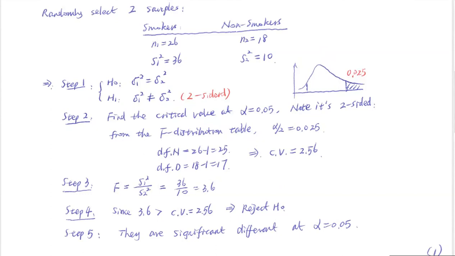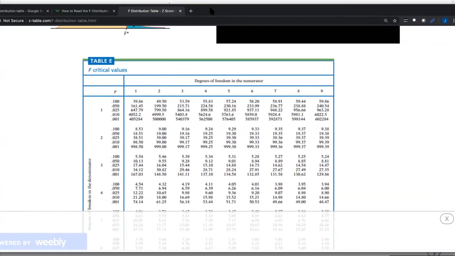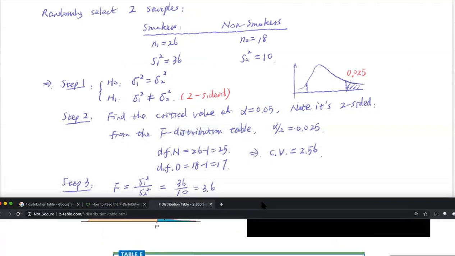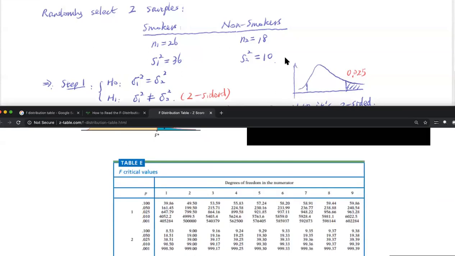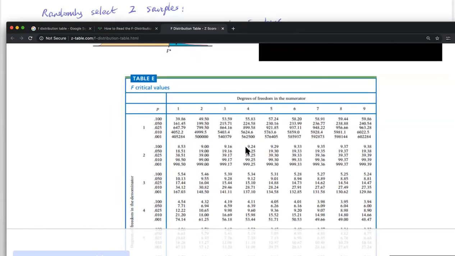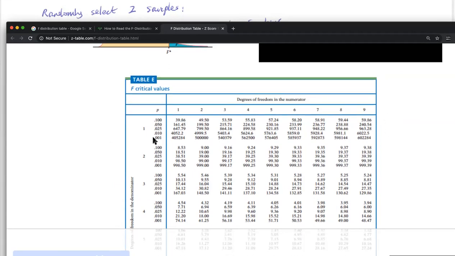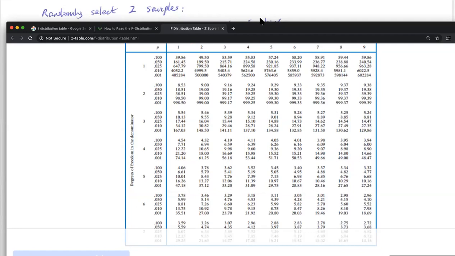In other words, if I use this table here, I have to use 26 minus 1, which gives you 25, as the degrees of freedom for the numerator. Think about that in this table here. This is only one table, everybody. It only covers 1, 2, 3, 4 up to 9. How about 10, 11? You have to get other pages. Same as the degrees of freedom in the denominator, right?